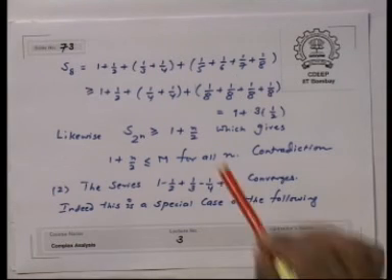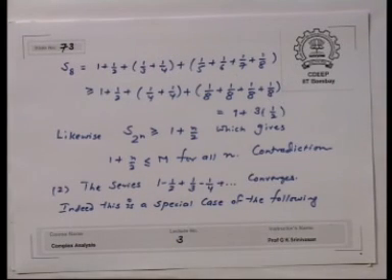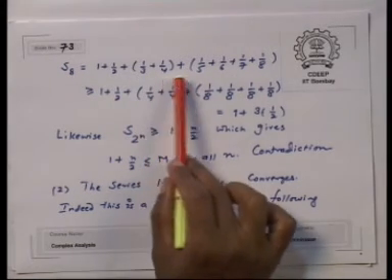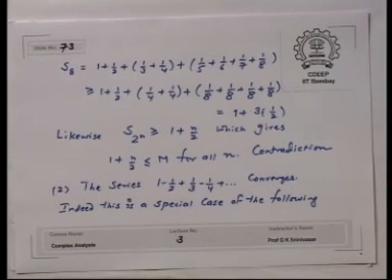That is a contradiction. This argument is a very classic argument. We have sort of grouped the terms, right? 2 terms, and then we took 4 terms, and then we took 8 terms, and then we took 16 terms, etc. This argument can be carried out in very general terms.